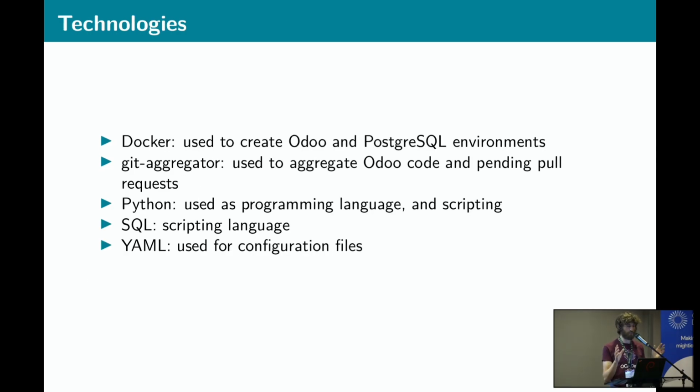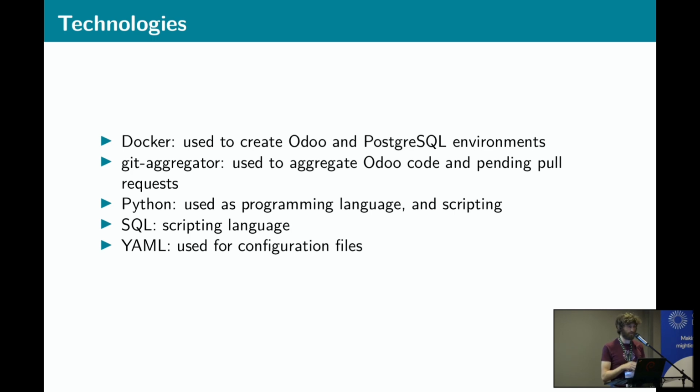The technologies used: we use Docker to create the Odoo and PostgreSQL environment. At least for now, we use Git aggregator to get the code of Odoo and all your custom modules or OCA modules and so on. We use Python to develop this tool.